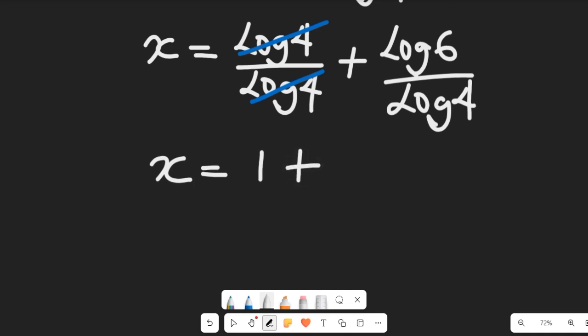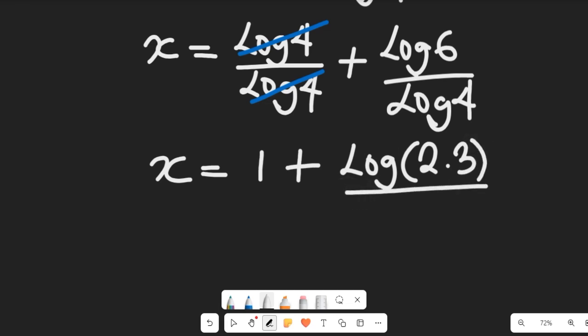We can still expand this to give us the log of 2 multiplied by 3. And this will be divided by the log of, that can also give us the log of 2 to the power of 2, right? Let's expand that, 2 to the power of 2.